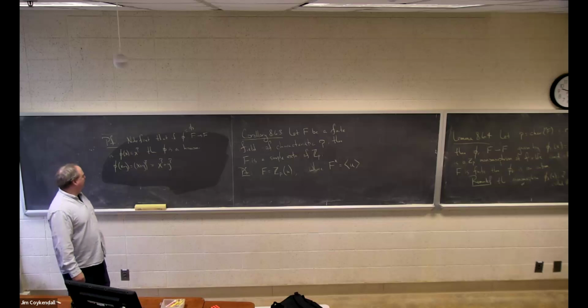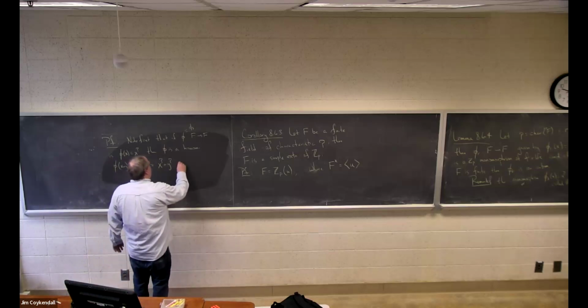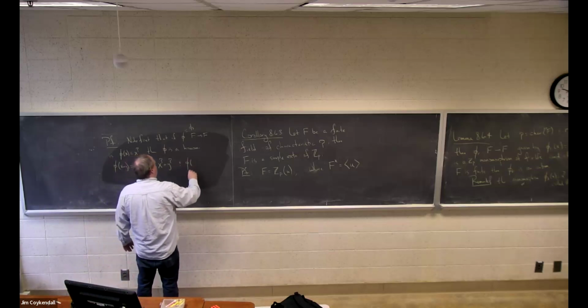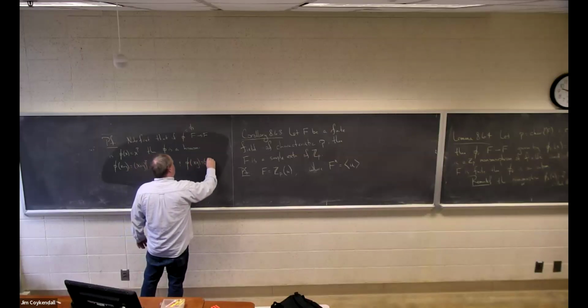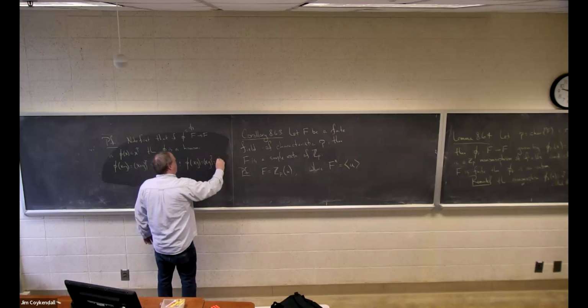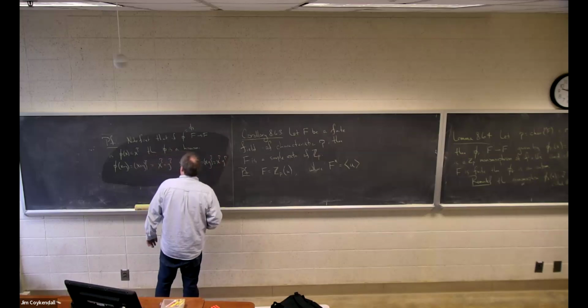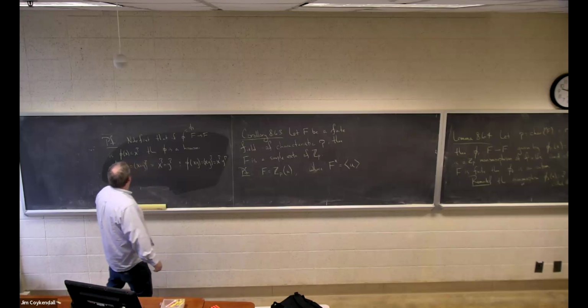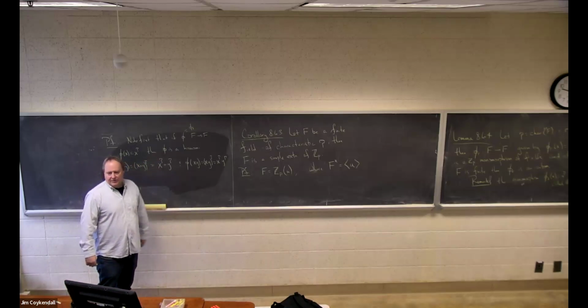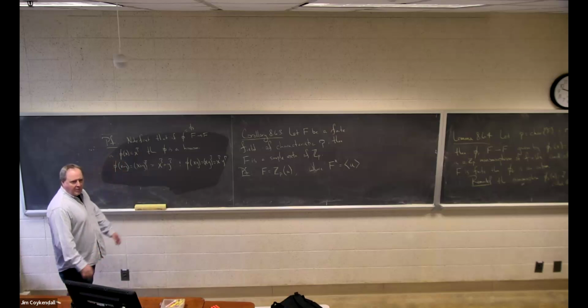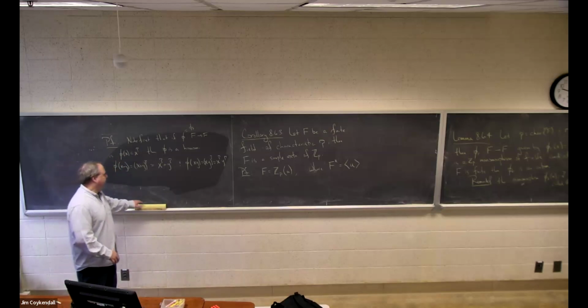This is because you've got characteristic p. So phi of x plus y is phi of x plus phi of y, and phi of xy is phi of x times phi of y. So it's a homomorphism.